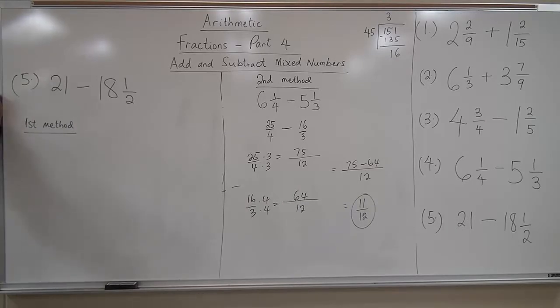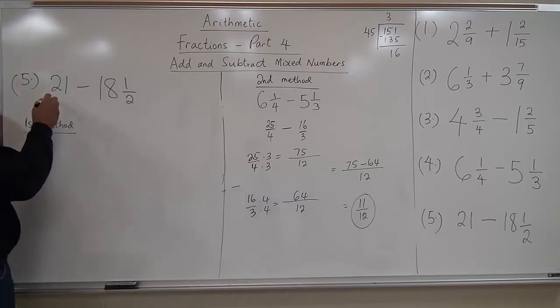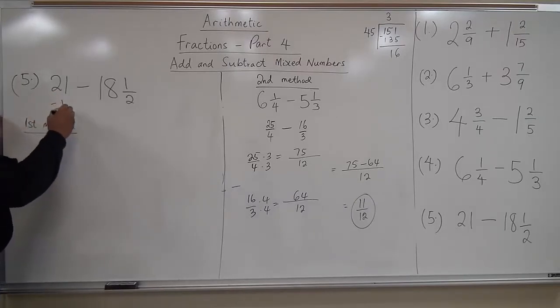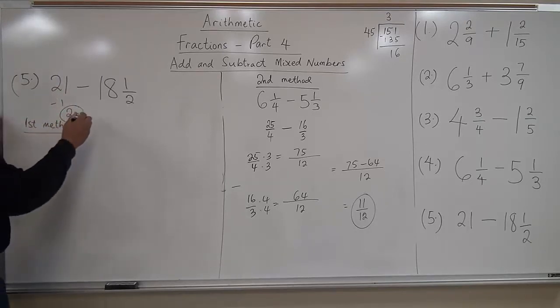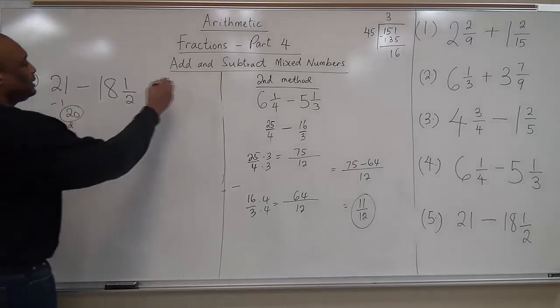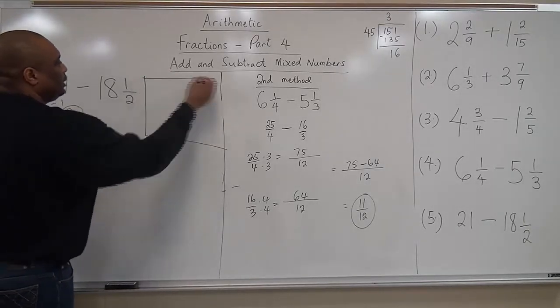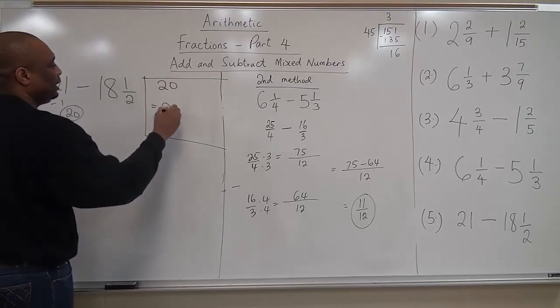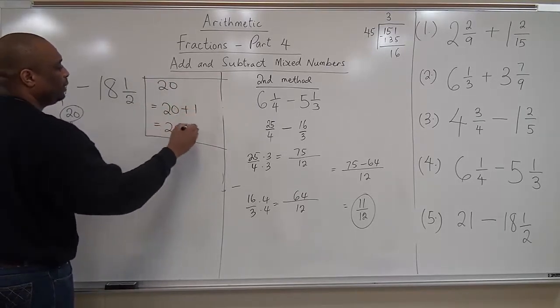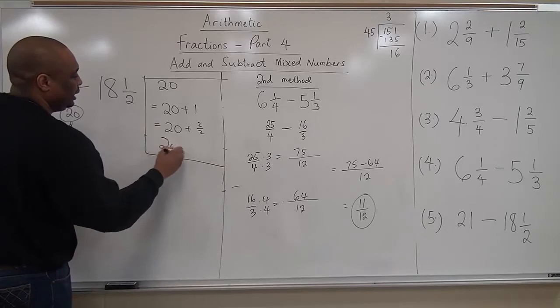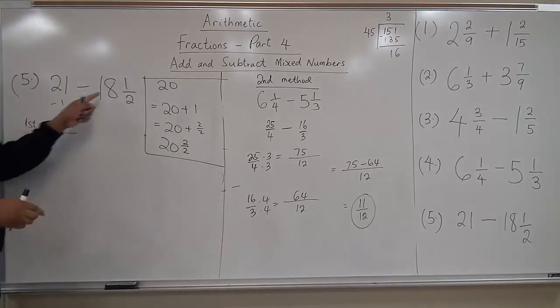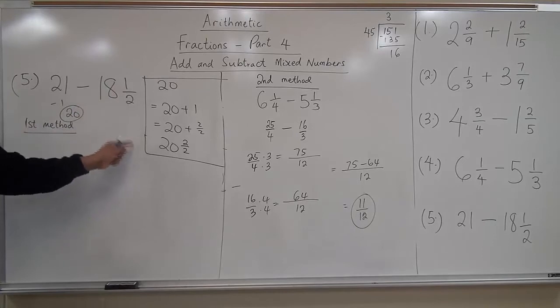First way, subtract 1 here, so this will be 20, and I'm going to circle this 20, so that this will be like 2 over 2. It's like saying 20 plus 1, which is 20 plus 2 over 2, which is 22 over 2, minus 18 1 over 2.